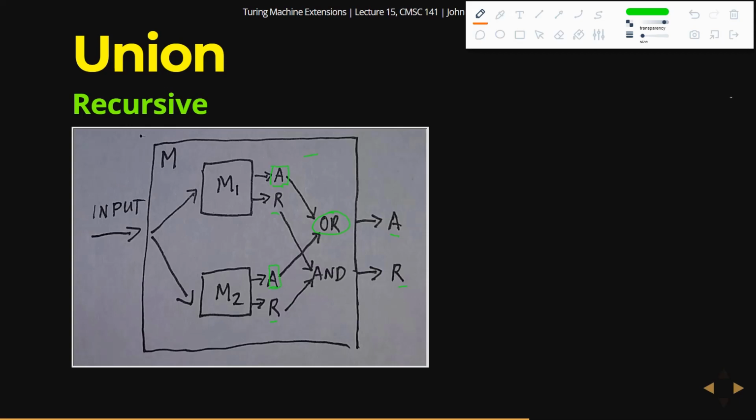If either one of them accepts, then it's also accepted by the union. Whereas the rejection happens if both M1 and M2 reject. So if M1 rejects and M2 rejects, then it's also a rejection. We have created a decider because it has an A and an R, so recursive languages are closed under union.